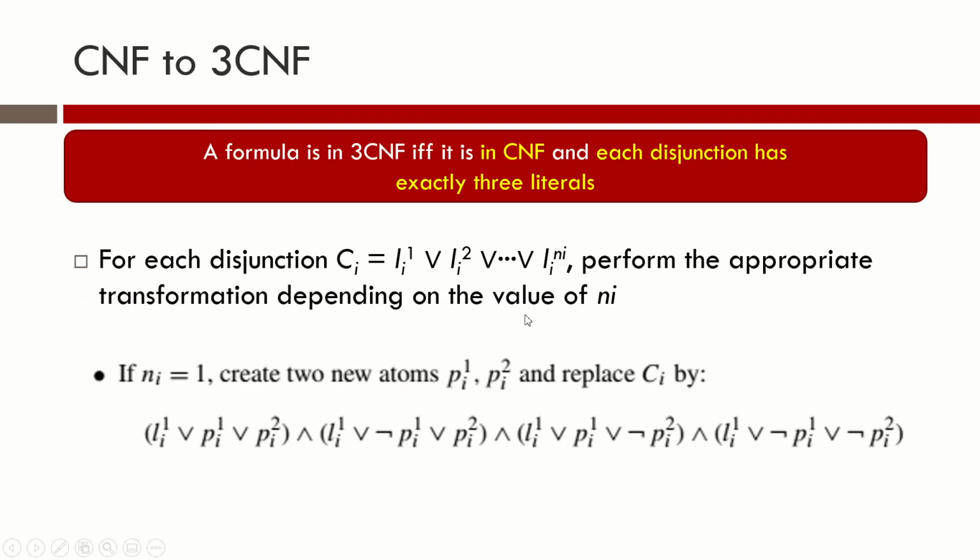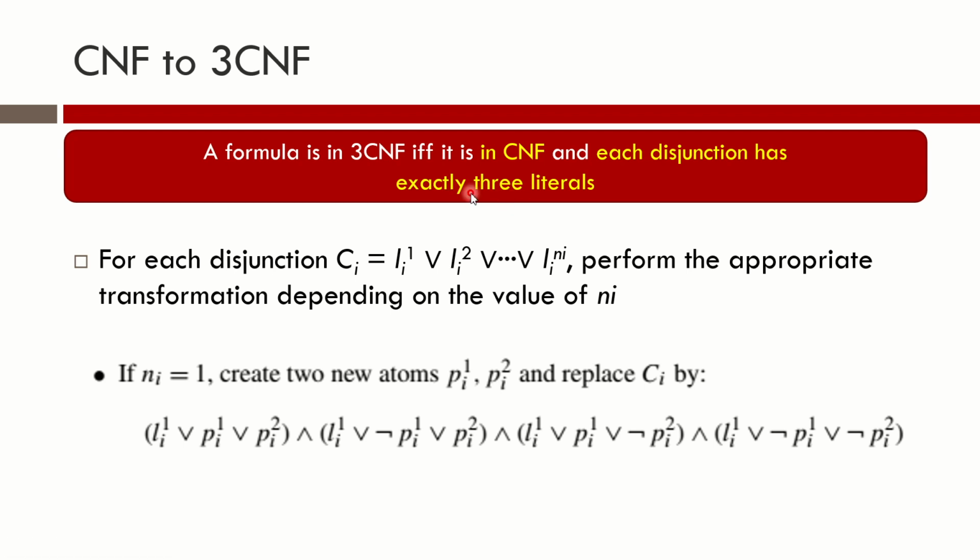Now, we have already seen what conjunctive normal form, CNF, is, and we will now see what 3CNF is and how to convert a CNF into 3CNF. A formula is in 3CNF if and only if it is in CNF, and each disjunction has exactly 3 literals, not at least, exactly 3 literals.